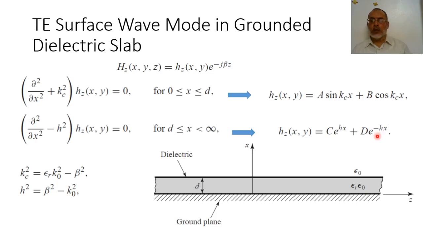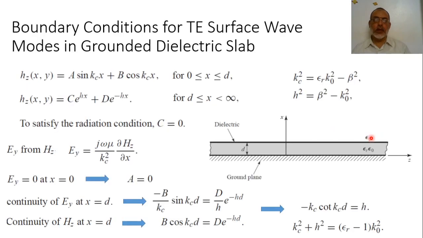Now we are going to apply the boundary conditions to determine the unknown coefficients a, b, c, and d. At the beginning, the tangential electric field at x equals 0, the ground plane, should be 0.